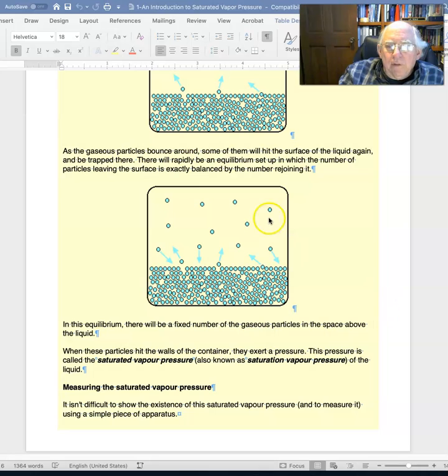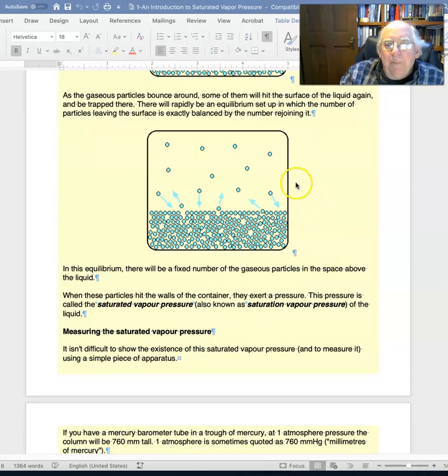Some of the liquid molecules have enough energy to escape into the vapor phase, and some of the vapor molecules hit the surface, lose the energy and become liquid. And so there is an equilibrium that is set up.